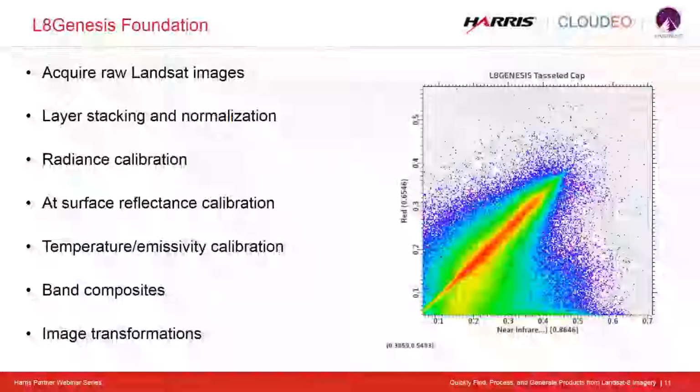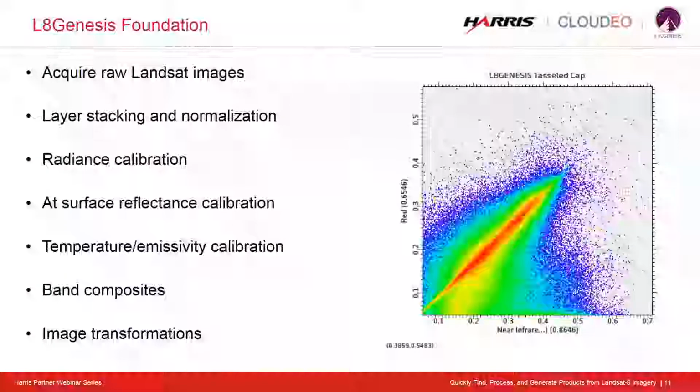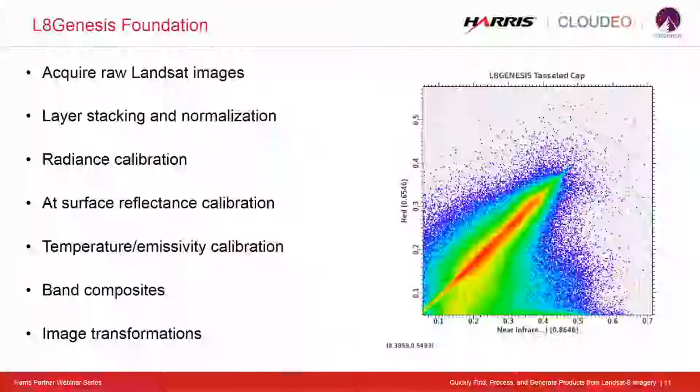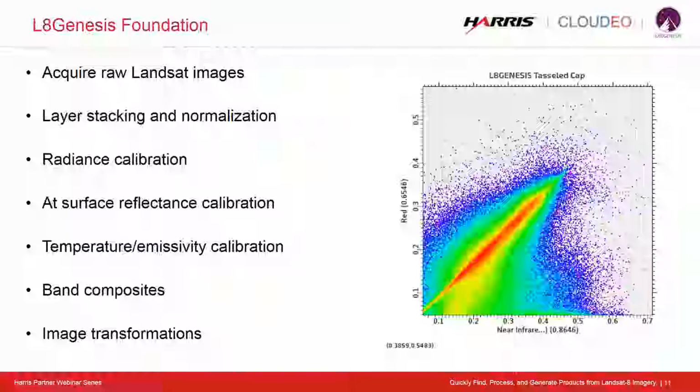After calibration, L8Genesis will generate several color composite images that can be used for basic image interpretation and analysis. Several of the composites are, again, industry standard products that you probably already use, such as a true color composite, the near IR vegetation composite, and a few others. But we've also included several other band composites that might be helpful for basic analysis of geologic or man-made features, for instance.